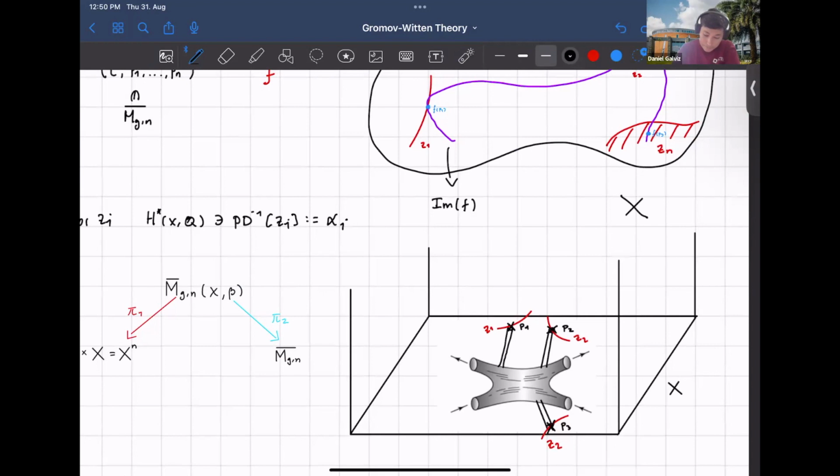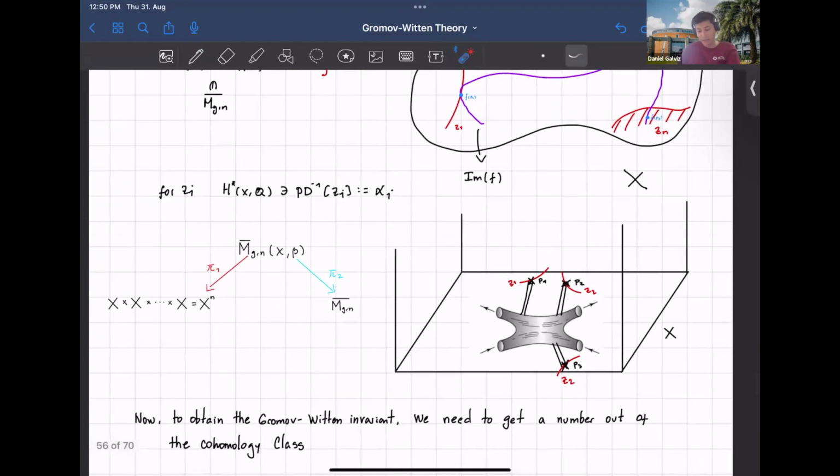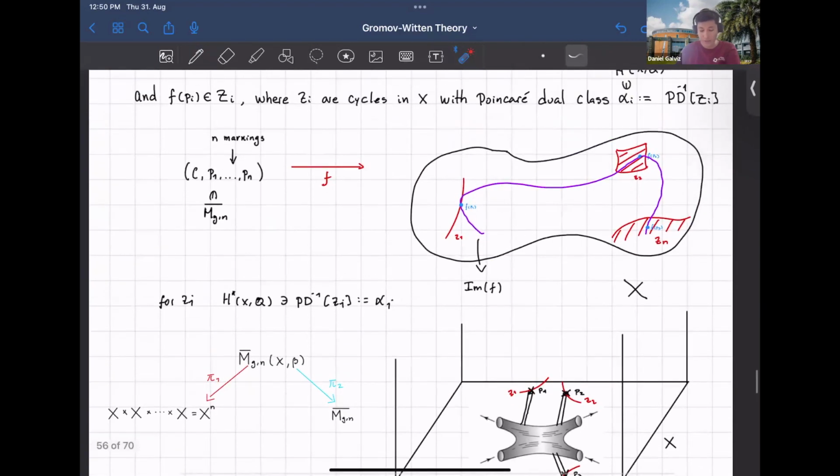Where you have these marked points, remember these are singularities that you do surgery on, and you associate a marking point. Then to these marking points you associate the cycles passing through them. So this is basically this f of p_i. Then you are just trying to count how many of these you have.